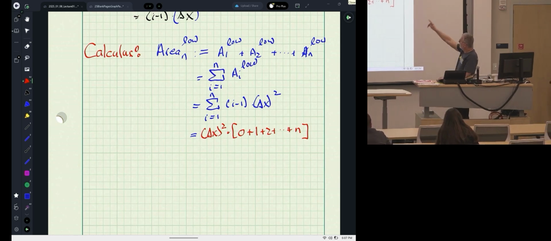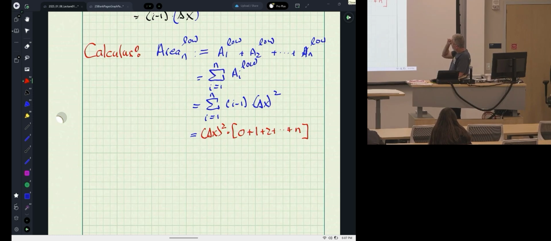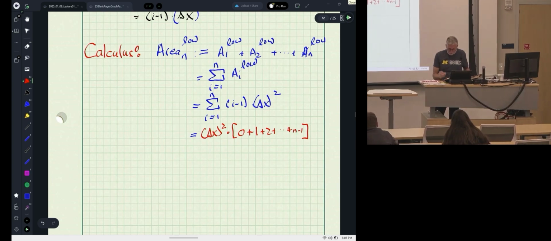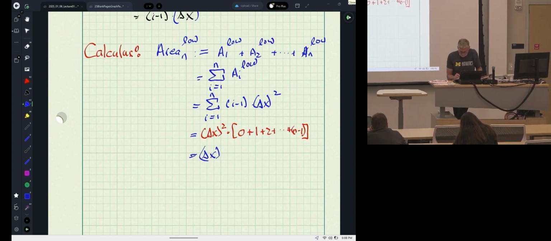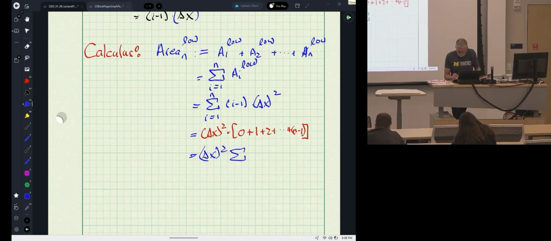Okay, I just took the sum, i equals 1 to n. I plug in i equals 1, I get 0. I plug in i equals 2, I get 1, dot, dot, dot. I plug in, and this should be n minus 1. I'm glad I turned my brain on here. So that's n minus 1. Okay, so then we've got delta x squared times the sum, i equals 1 to n minus 1 of i.